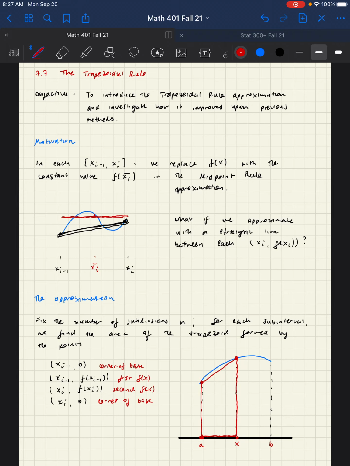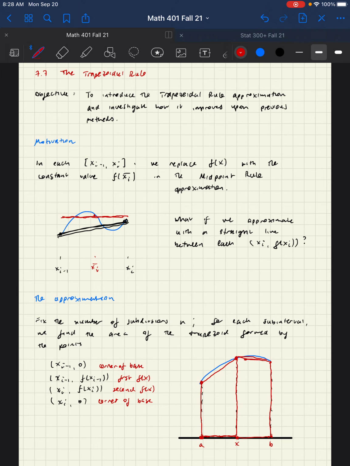Remember, you connect all these points with straight lines. So you end up getting this trapezoid that has this rectangular base, but the line connecting the first f of x and the second f of x points is giving you the trapezoidal shape.